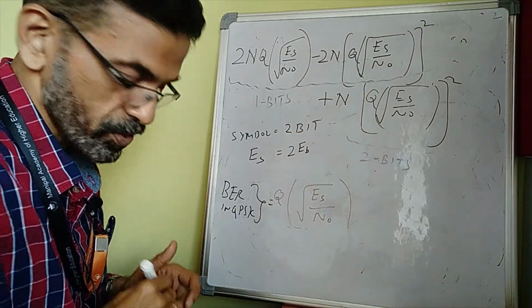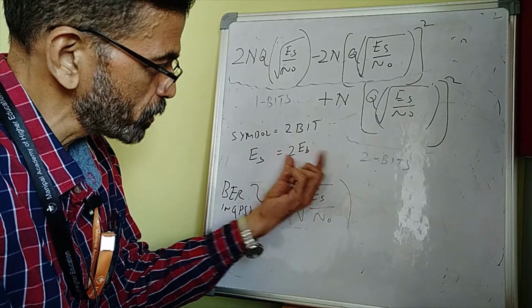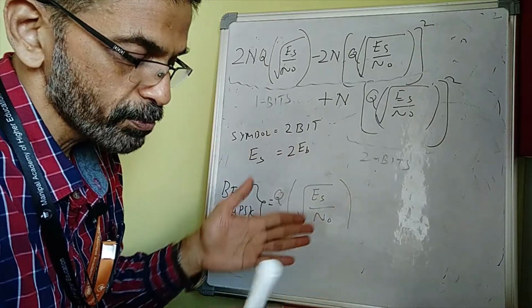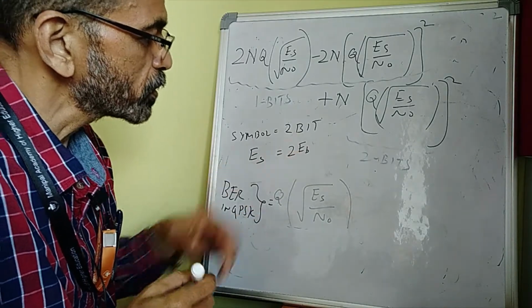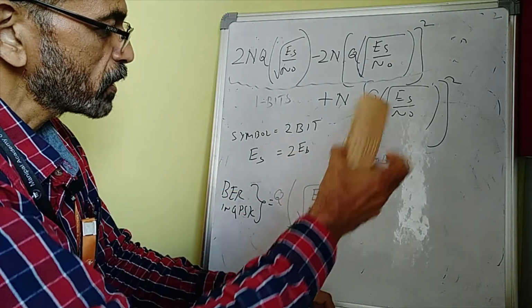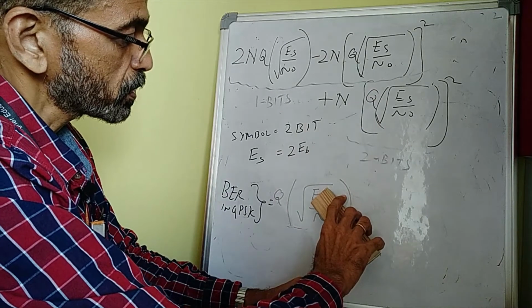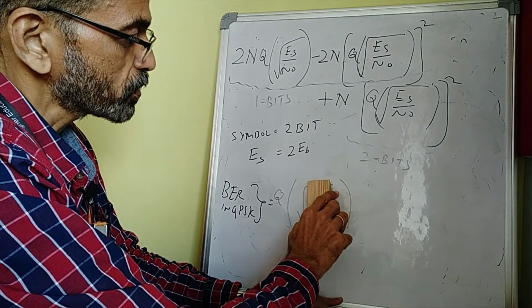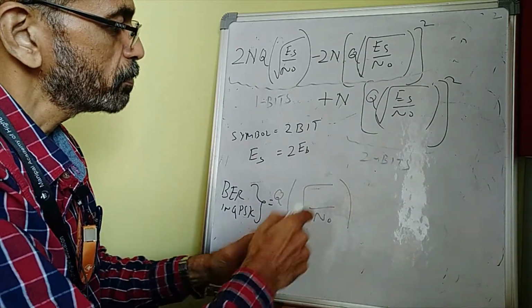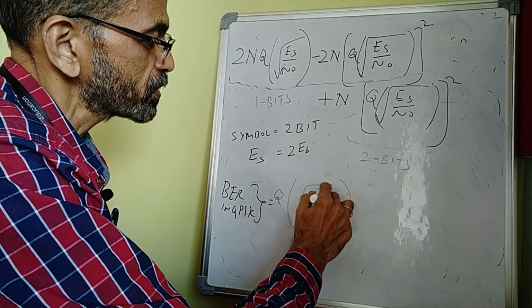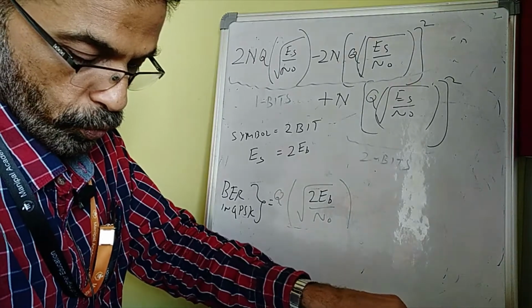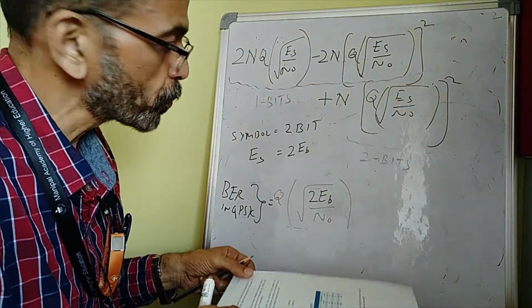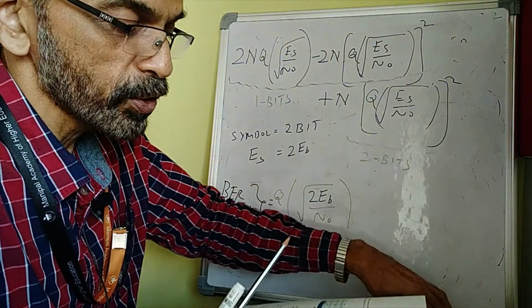So when you add 2 bit energies, you will get one symbol energy, because one symbol is made up of 2 bits, which means that bit energy is Es by 2, or Es is 2Eb, and hence we can express the bit error rate in QPSK in terms of bit energy like this. So this completes the second part. Q of root 2Eb by N0.